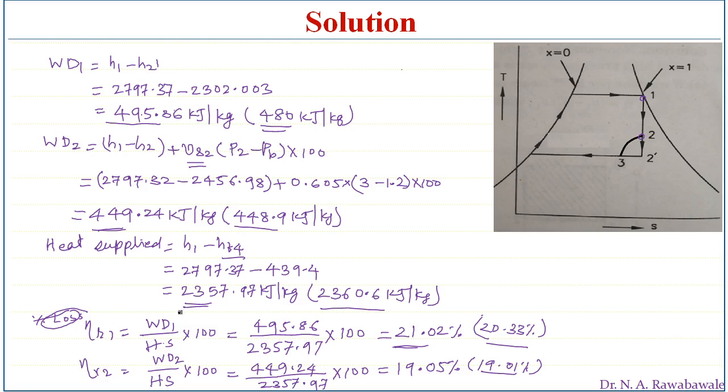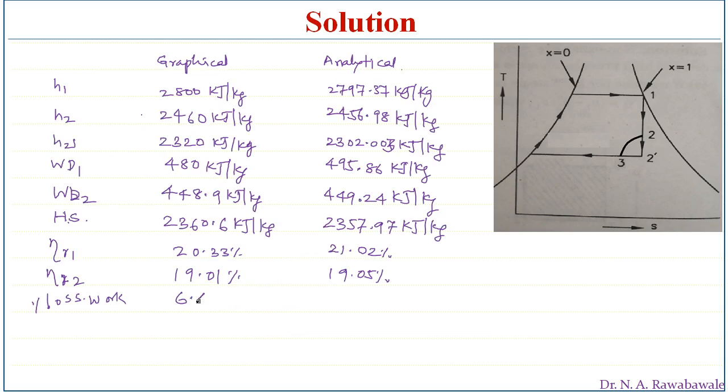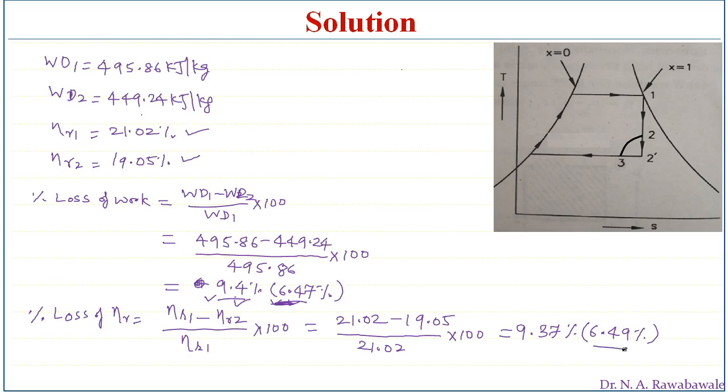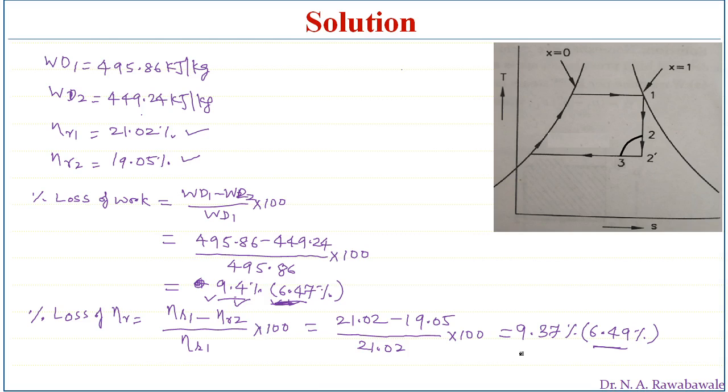The first case was 9.4, and the loss of work was 6.49 by the graphical method. The analytical method was 9.4.